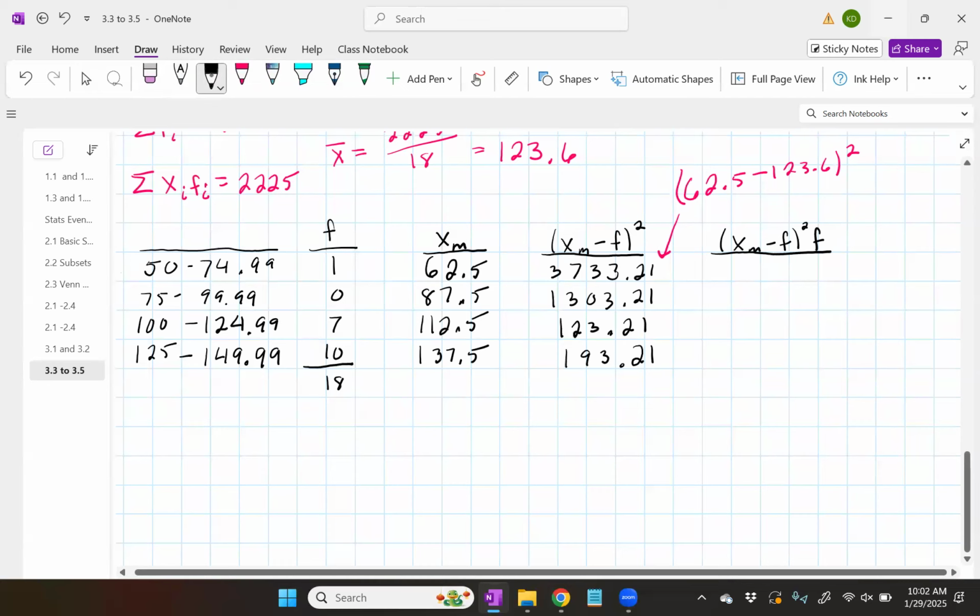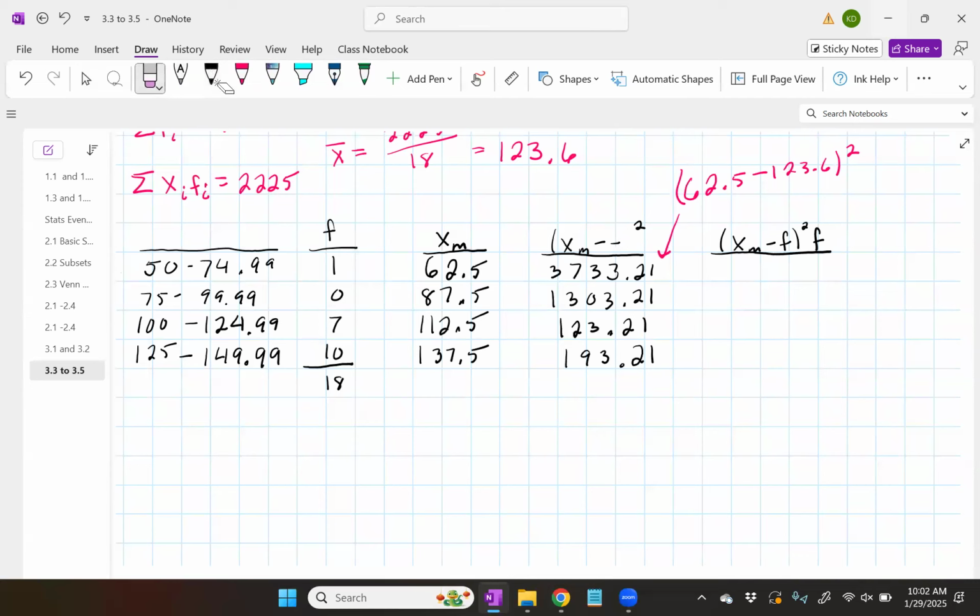The worst of this is almost behind us. So I take my midpoint minus my mean. I wrote that wrong. That should be mean, X bar, squared. That's better. Now I'm going to multiply each one of those times my frequency. So my first category is nice, as is my second.